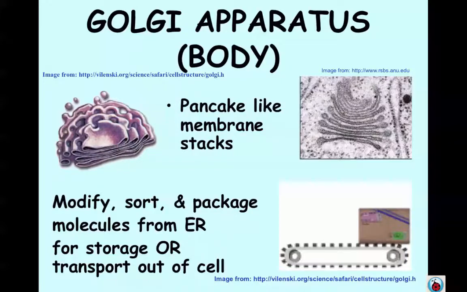It's all the same thing. So basically the pancake-like stacks. This is important because these modify, sort, package molecules from the ER for storage or transport out of the cell. So like I said, this is going to pick up proteins. It's going to pick up lipids that are sorted and fixed inside of the endoplasmic reticulum and take them to wherever they need to be in the cell.